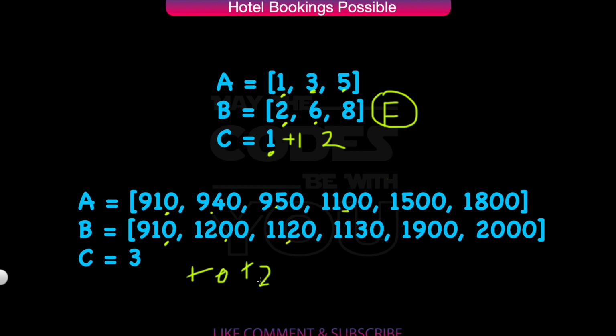So at 11:00 our count will be 3. Then we have a departure at 11:20, so it becomes 2. Then 11:30, it becomes 1, and then at 12:00 it becomes 0.